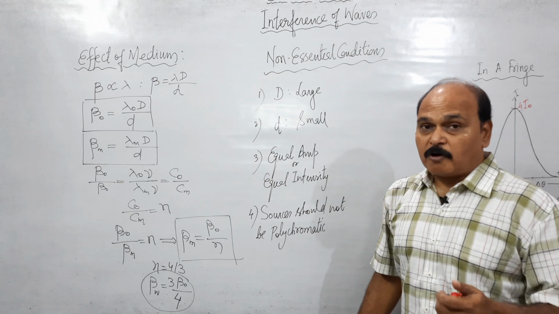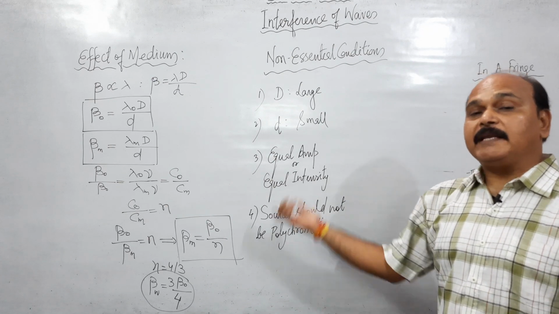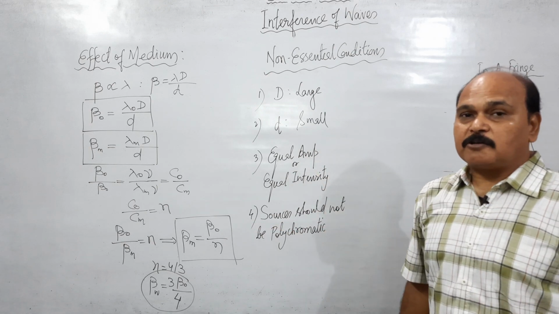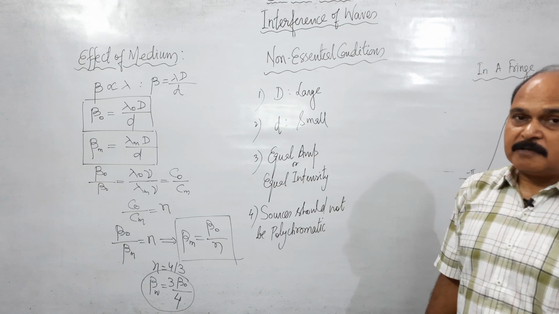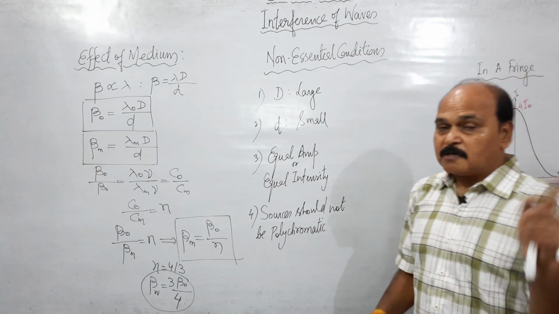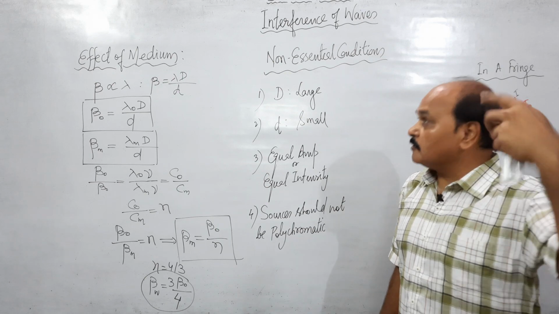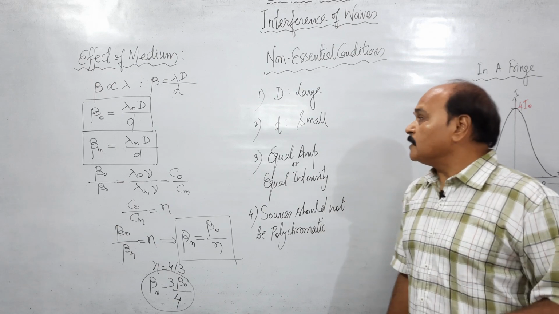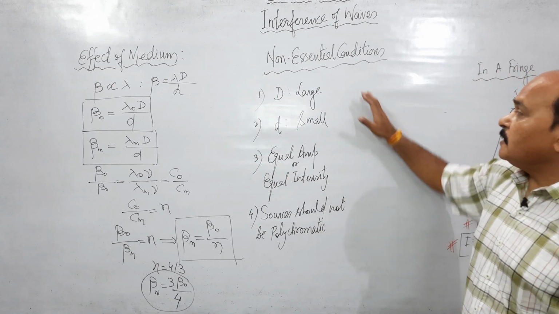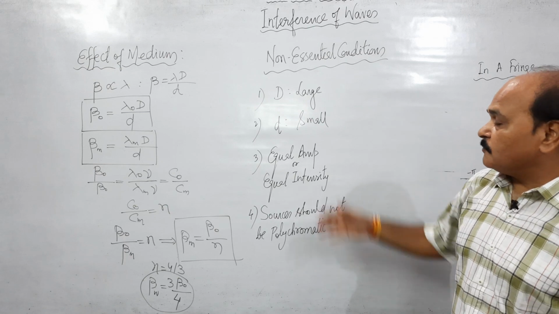So when the interference pattern is to be very clearly visible, or very clearly audible if it is that of sound waves, these four conditions should also be satisfied. They are non-essential because they are not related to the creation or formation of the interference pattern. They are simply associated with the visibility of the pattern. So what are these four conditions?